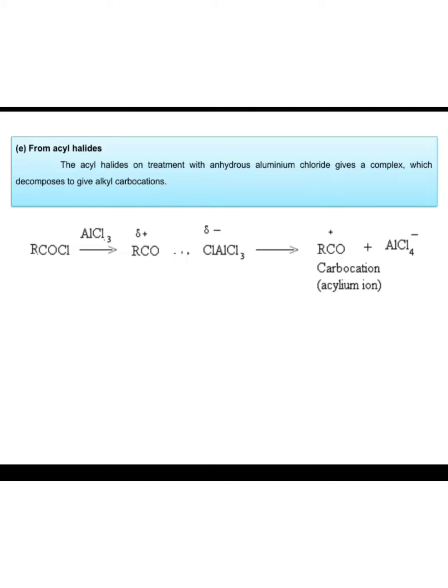That is, when the acyl halide is treated with anhydrous aluminum chloride, it forms a complex first and then the AlCl3 takes off one chlorine atom from the acyl chloride and bears the negative charge, and it becomes AlCl4 minus, and then it forms the acylium carbocation.